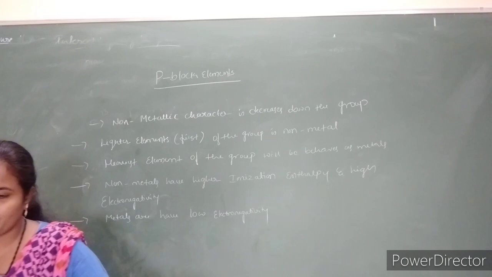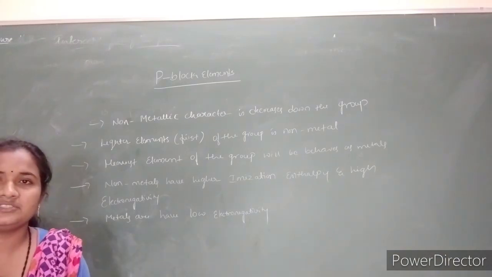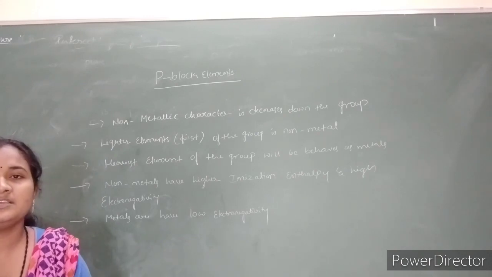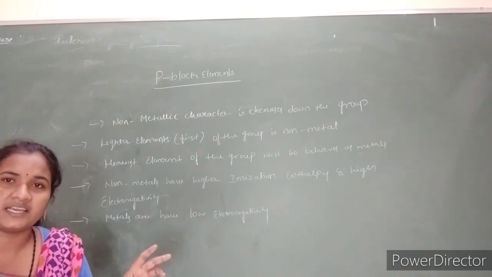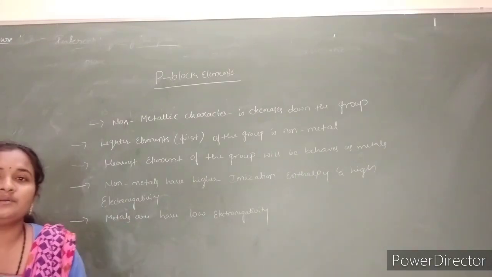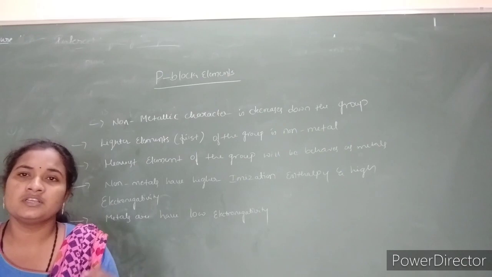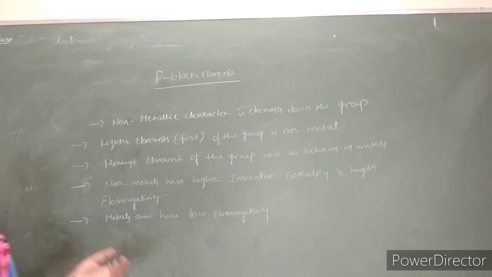If compounds are purely from non-metals, they show covalent character. But those formed between highly reactive non-metals and metals show differences in electronegativity and ionization enthalpy, because a mixed character is observed in those compounds. So predominantly metallic compounds show ionic nature, and predominantly non-metal compounds show covalent character. In this way, the properties of these p block elements differ for different elements.